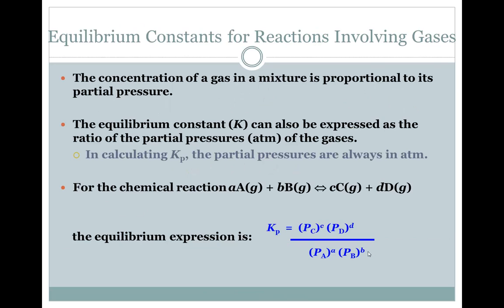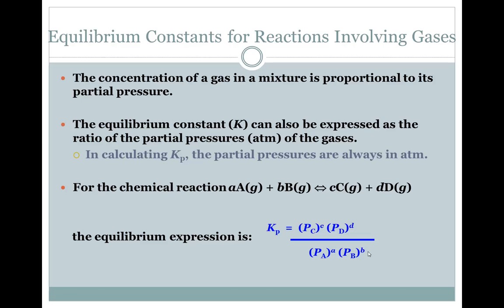The concentration of gas in a mixture is proportional to its partial pressure. The equilibrium constant K can also be expressed as the ratio of partial pressures in atmospheres of the gases. In calculating the equilibrium constant in pressure, the partial pressures are always in atm, atmospheres.